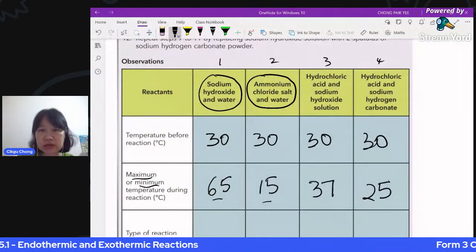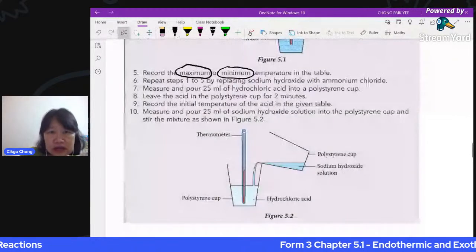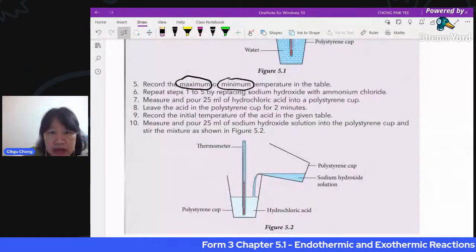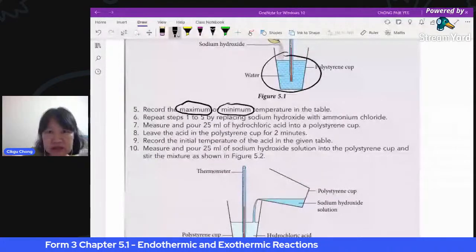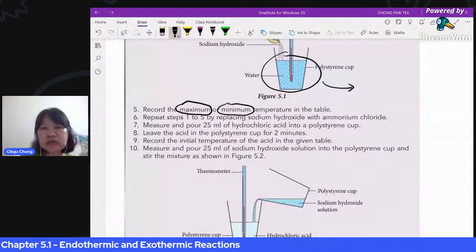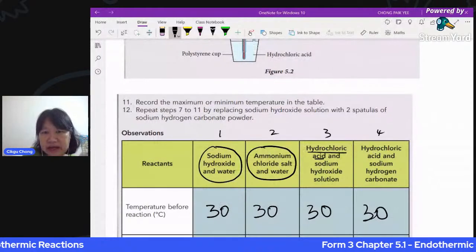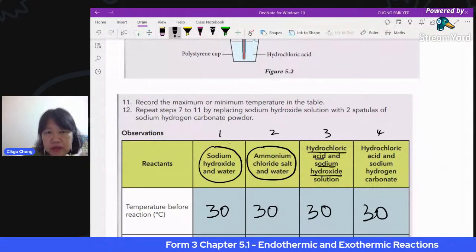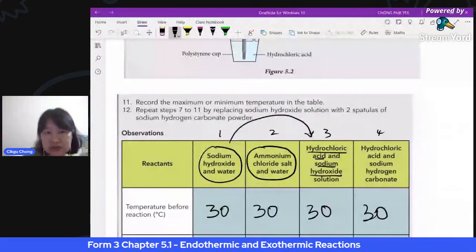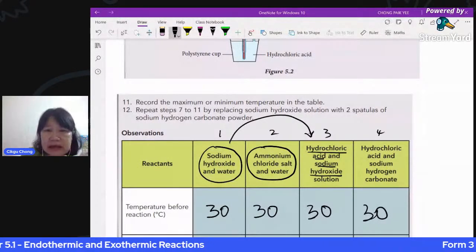Now the third one. Just now you have already made your sodium hydroxide solution in the first experiment. You use this liquid again for your third experiment, with hydrochloric acid. Make the solution from number 1 cool down to room temperature first. Then you add acid into it.